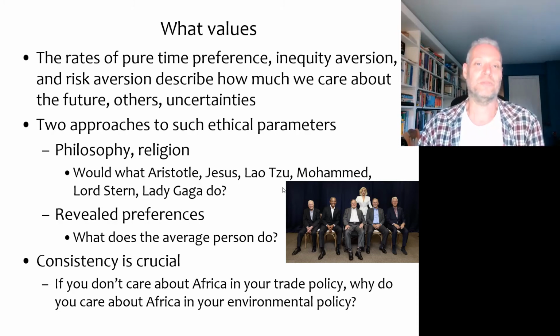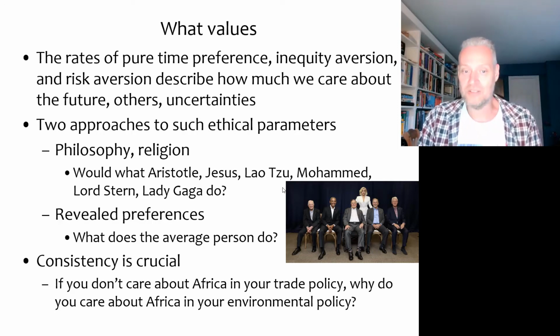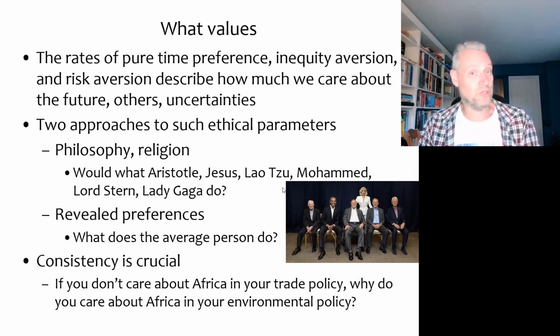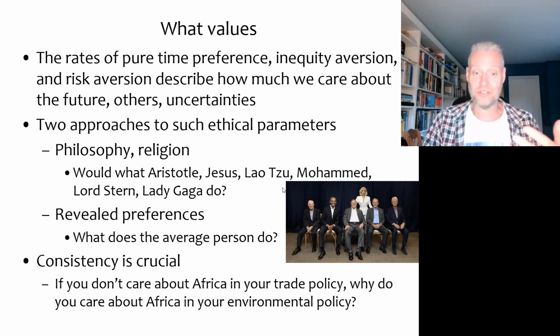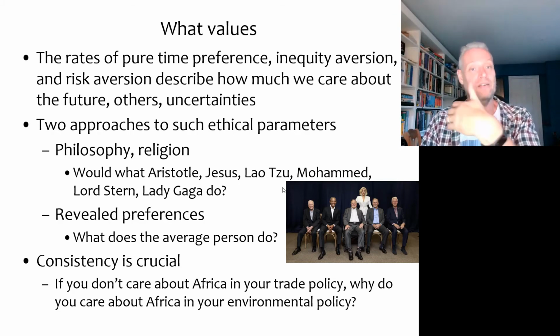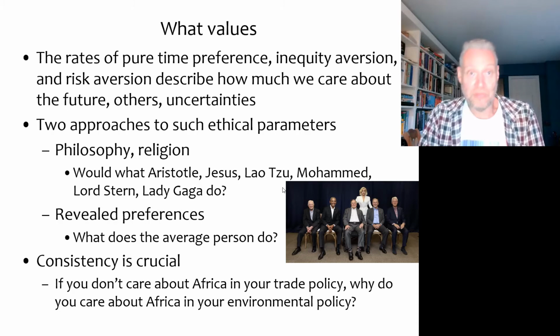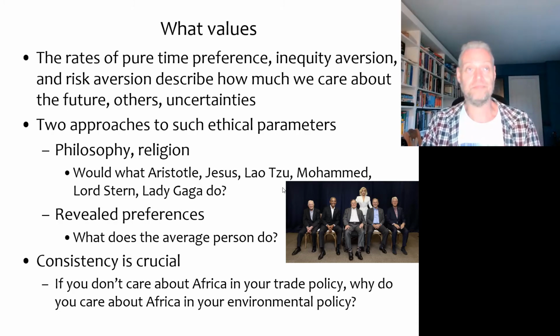This is paternalism. So perhaps this is not a good idea if you believe in democracy. So the alternative approach that you could take is to look at revealed preferences, to estimate what is the time preference of the average voter or the median voter, and what is the risk preference of the median voter.